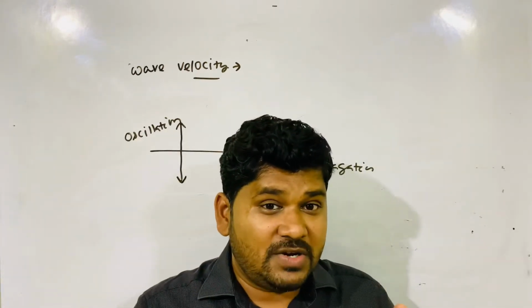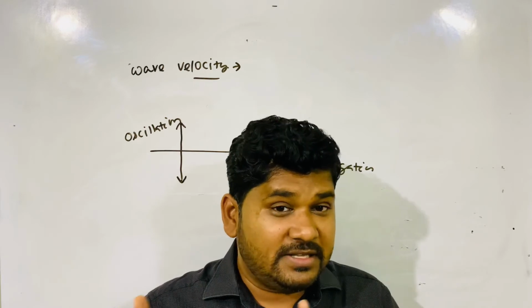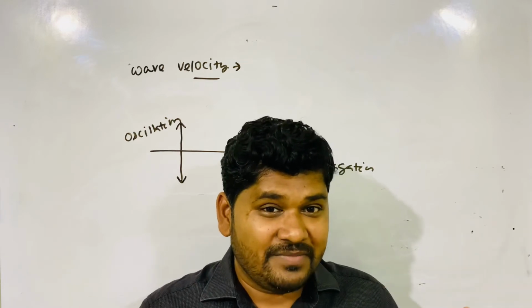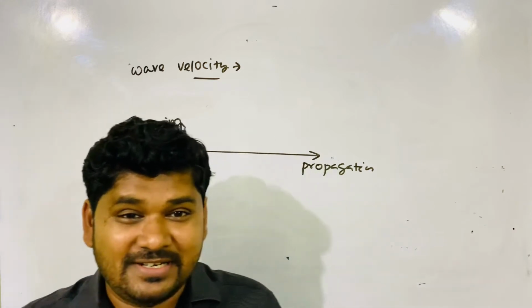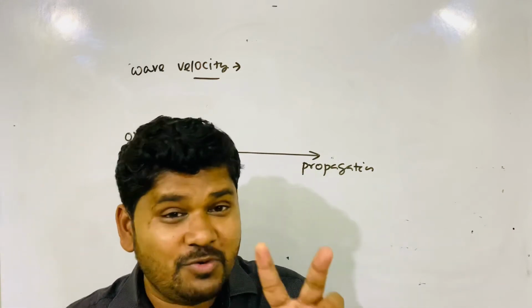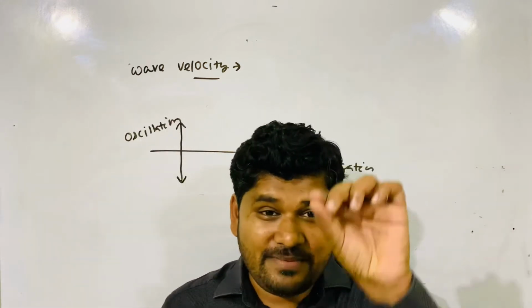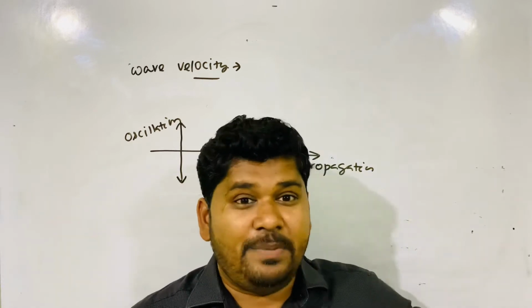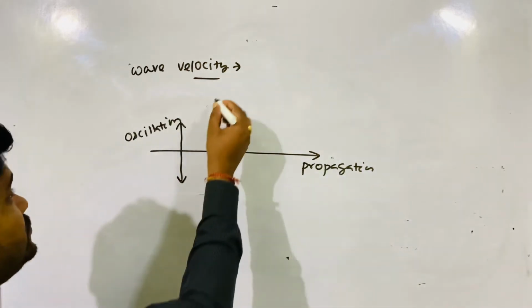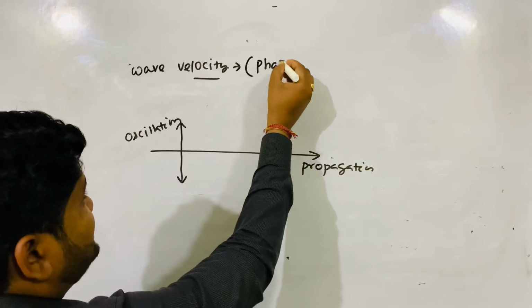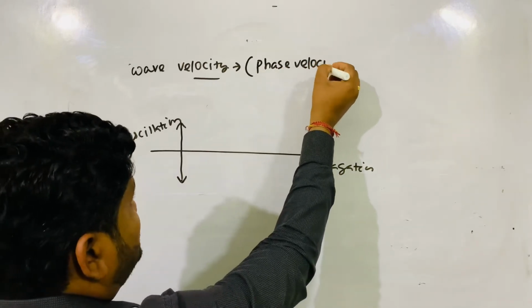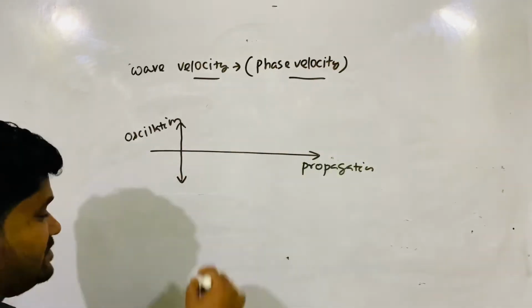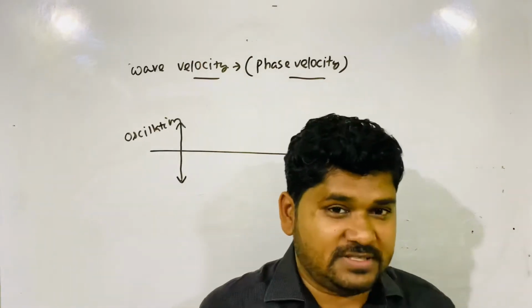So you understood another difference between oscillation and wave. In a wave, two velocities are there: one is particle velocity, one is wave velocity. Wave velocity is also called phase velocity, which is constant.